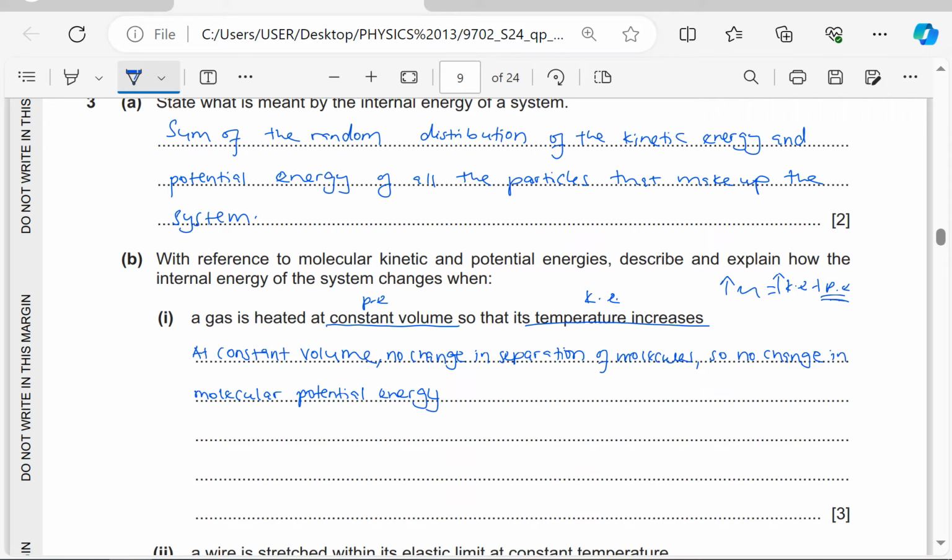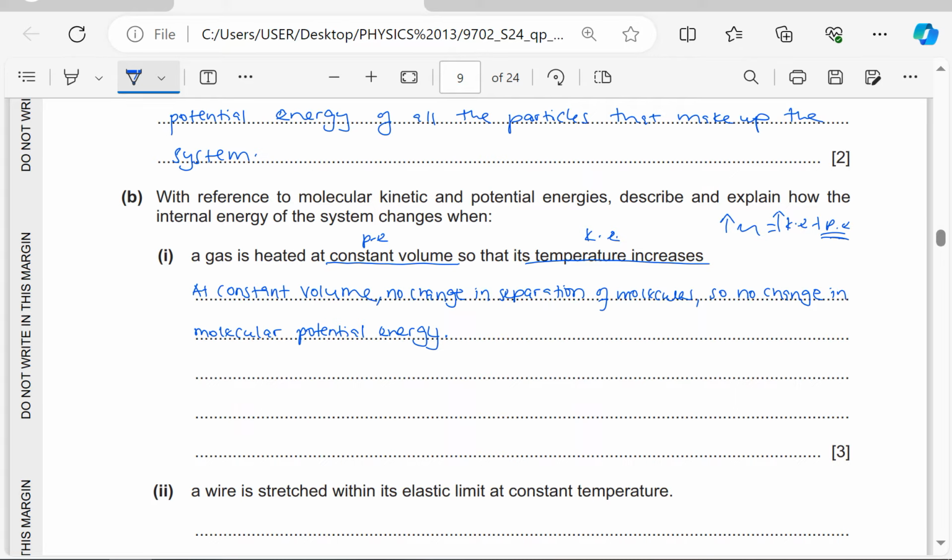However, increase in temperature means the kinetic energy of the molecules increases.